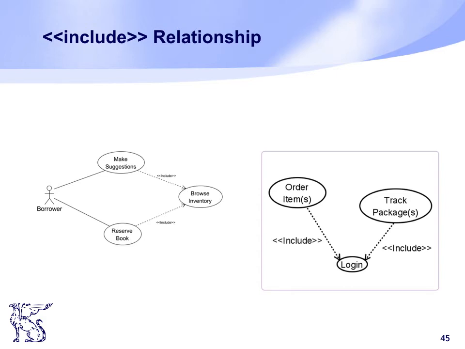If you deposit money to your account, the account balance will be updated, and if you withdraw your money, your account balance will be updated. So this account balance use case is by default called when you are withdrawing or depositing money. So this is by default called when the parent use case is called. That's an include relationship.